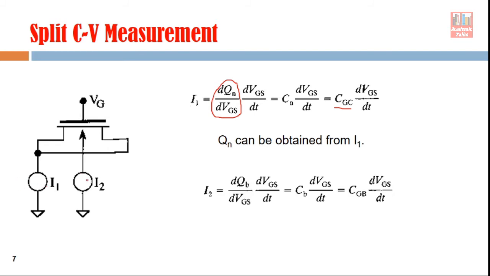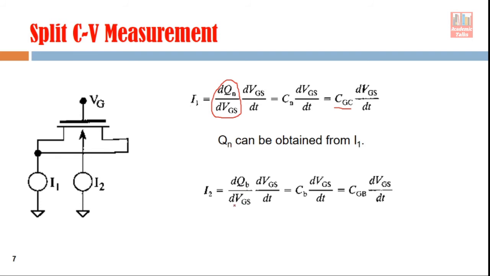If we talk about I2, that will be dependent on the bulk charge which is present here, and the bulk charge is basically because of the dopants, or you can say the depletion region formed in the channel region, that will contribute to I2. So I2 will be given by the equation dQB divided by dt, meaning rate of change of bulk charge, right?